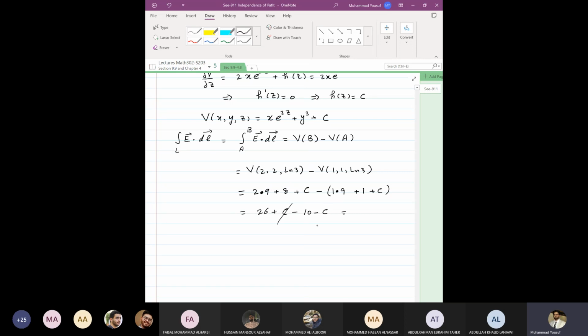Here you see this c will be cancelled. This is why I said that you can take c equal to 0. So 26 minus 10 is 16. So this 16 is the final answer.